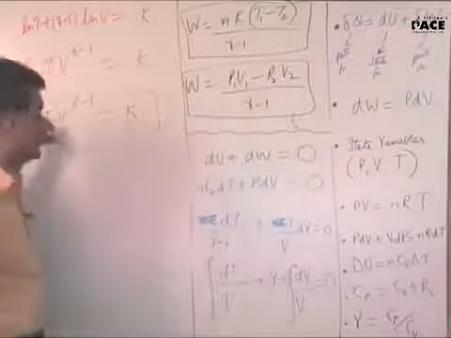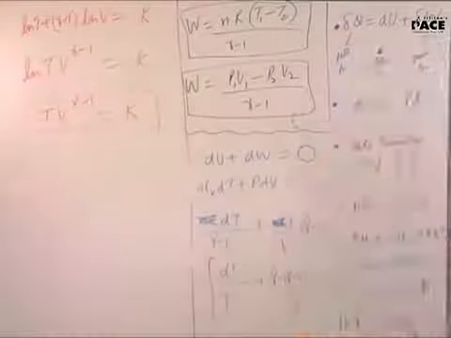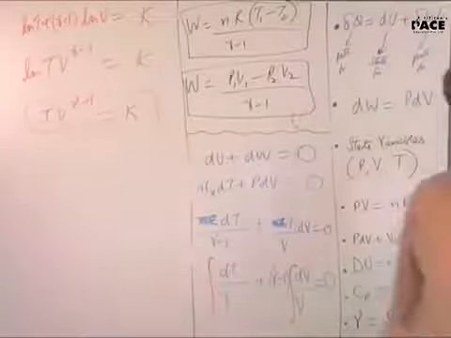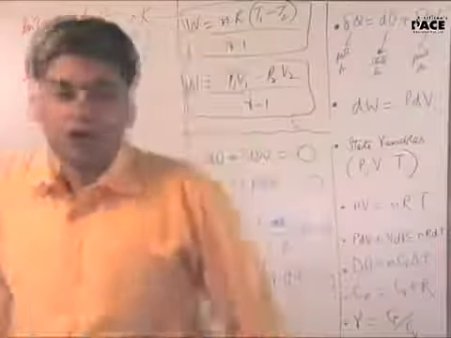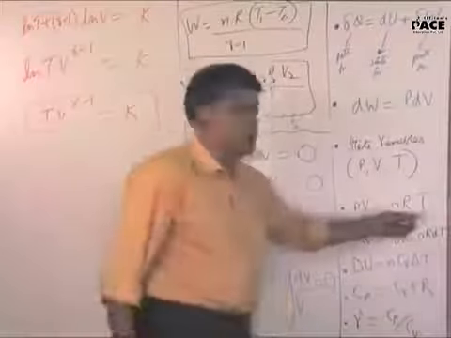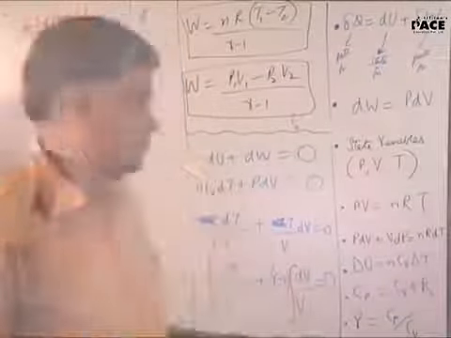Can you get me a similar relation between P and V? Also between P and T. I'm asking you to derive it, not asking what it is. So we can just substitute T as PV by nR. Substitute it here and check it out. See for yourself. Are you getting that?